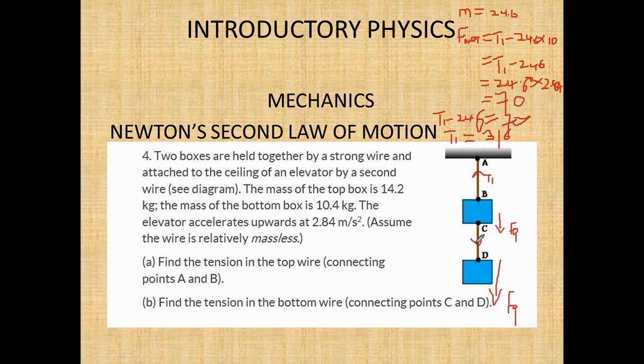They also want you to find the tension in just this one alone. So you have to just look at this system. Just look at this alone. So what are the forces acting on the bottom box? The force acting on the bottom box is the weight, the force due to gravity on the bottom box, pulling the bottom box downward.